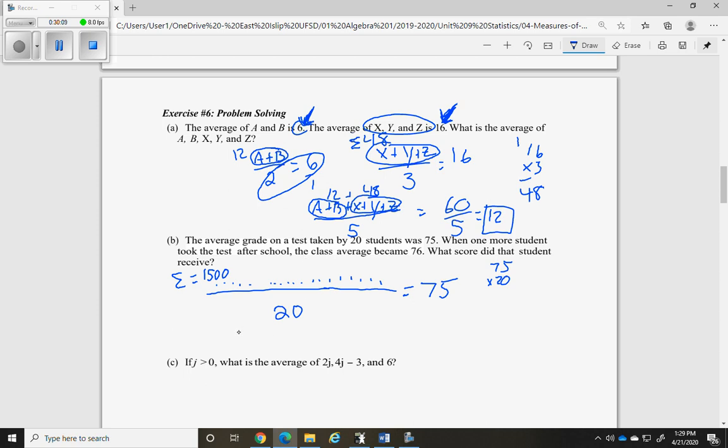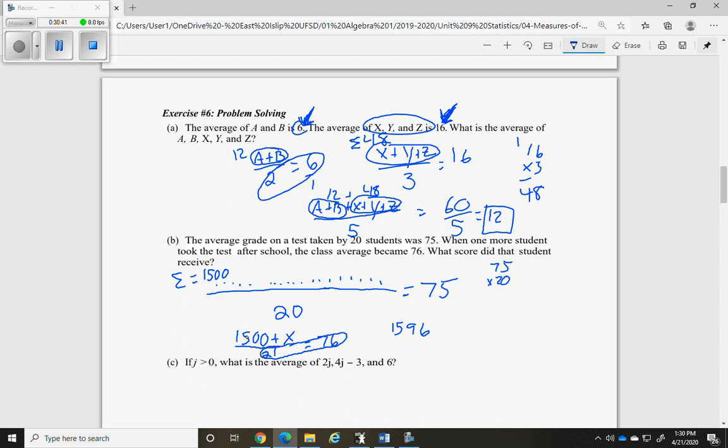So now I have the sum of the 20 students, which is 1500, plus one more kid. Since it's plus one more kid, now I'm dividing by 21 students, and the average became a 76. So it increased the average by 1. What did that one kid get? So why don't we just see what the sum is supposed to be of those top numbers. 76 times 21 is 1,596.